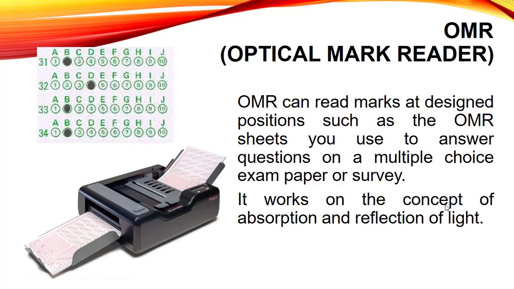Fine. Next we have OMR or optical mark reader. Fine. Generally you have seen that whenever we give any competitive exam such as any GK quiz or any other competition where we have multiple choice type questions, in that competitive exams we have to fill an OMR sheet. In this OMR sheet we have multiple options that we have to select.